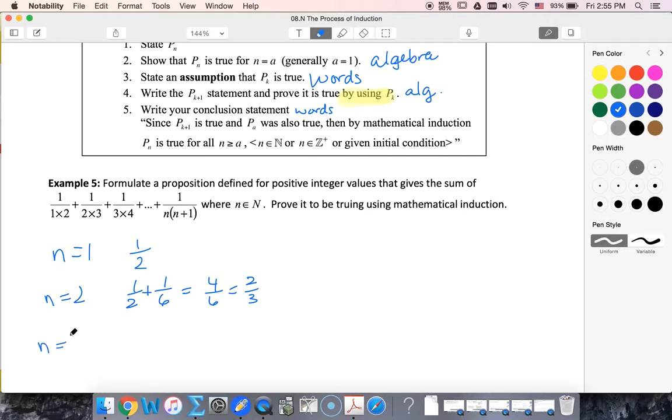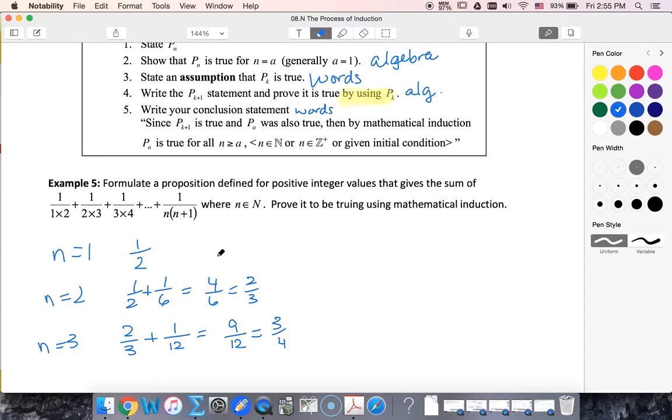Now let's go for n equals 3. I'll take this, and I'm going to add 1 over 3 times 4, so 1 over 12. Multiply top and bottom by 4, I'm going to get 9 over 12, which reduces to 3/4.